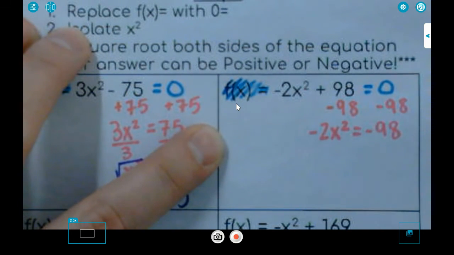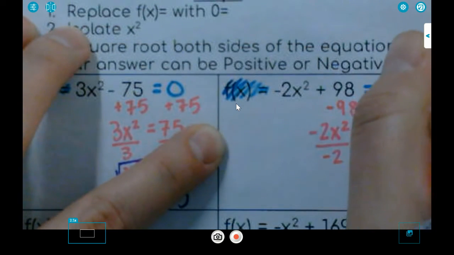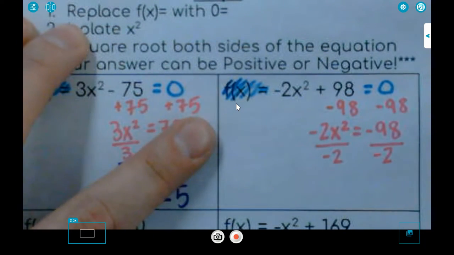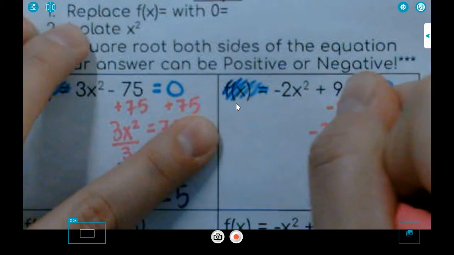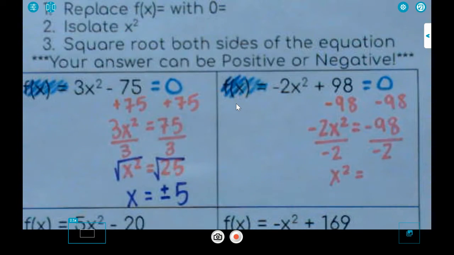And then I'm going to divide by negative 2. That leaves me x squared on the left. And on the right side, negative 98 divided by negative 2. Negative divided by negative is positive. And 98 divided by 2 is 49.